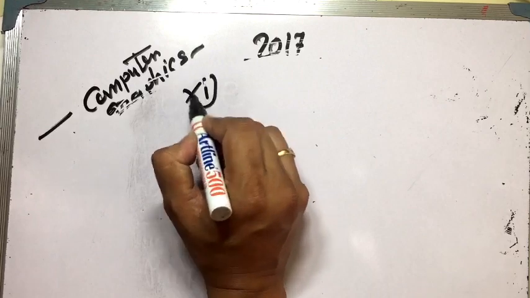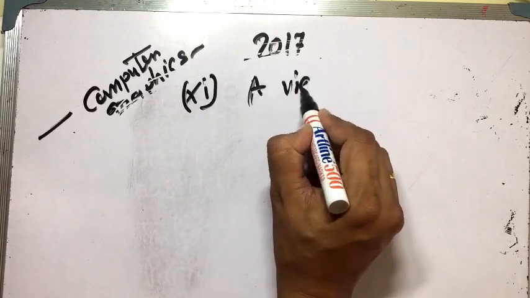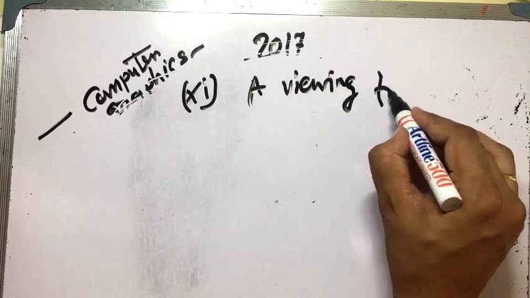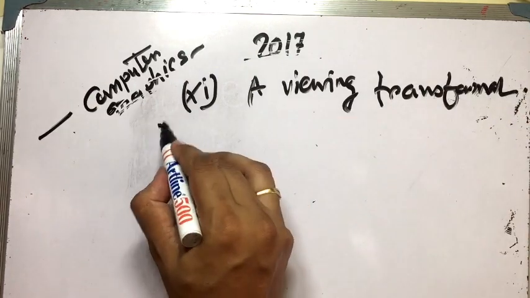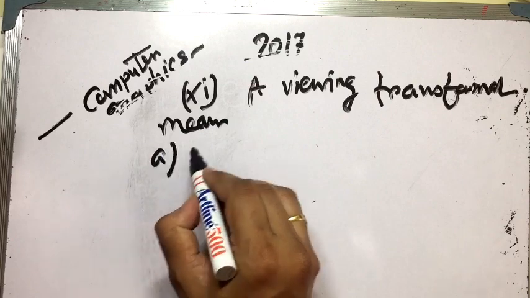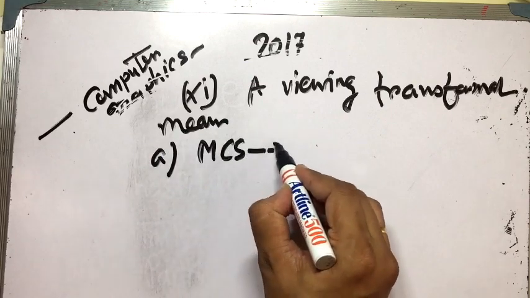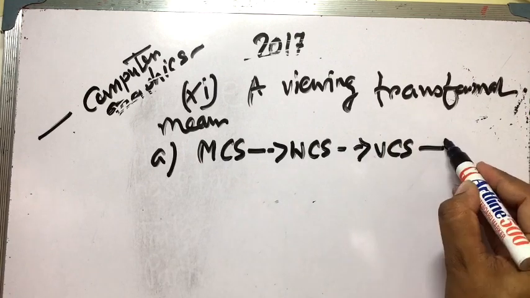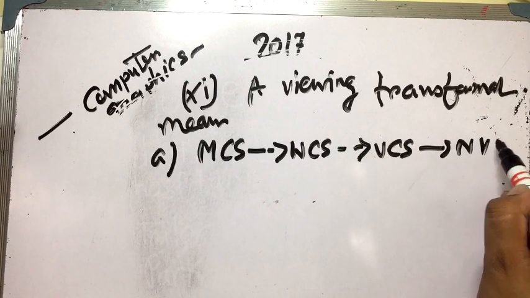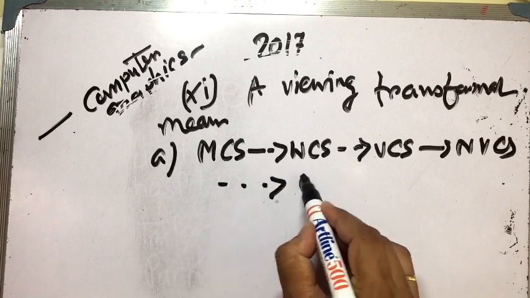Next, question number 11. A viewing transformation means: option A MCS, then WCS, then VCS, then NVCS, then DCS.